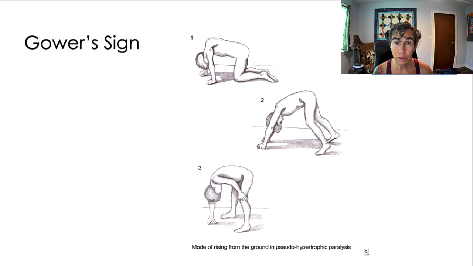So they go to a hands and feet position, and then they're literally climbing up their body to rise to an upright standing position. So it is a hallmark of Duchenne's muscular dystrophy before the condition progresses sufficiently that the individual winds up in a wheelchair.